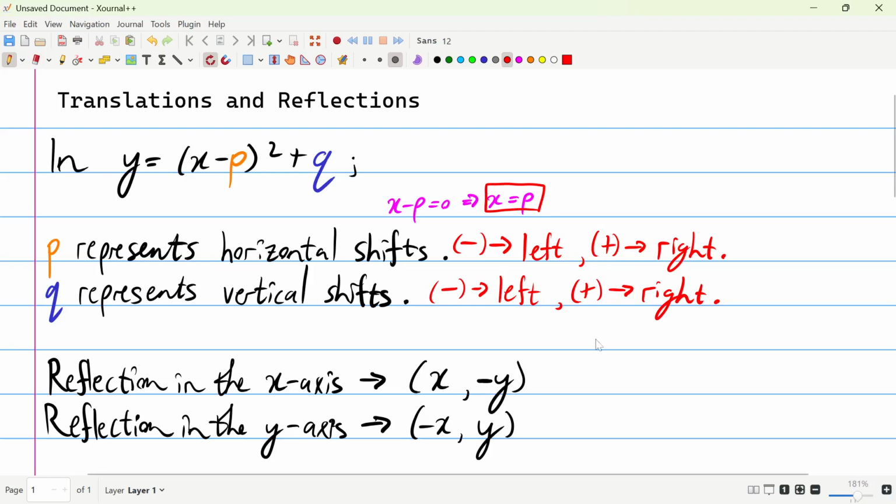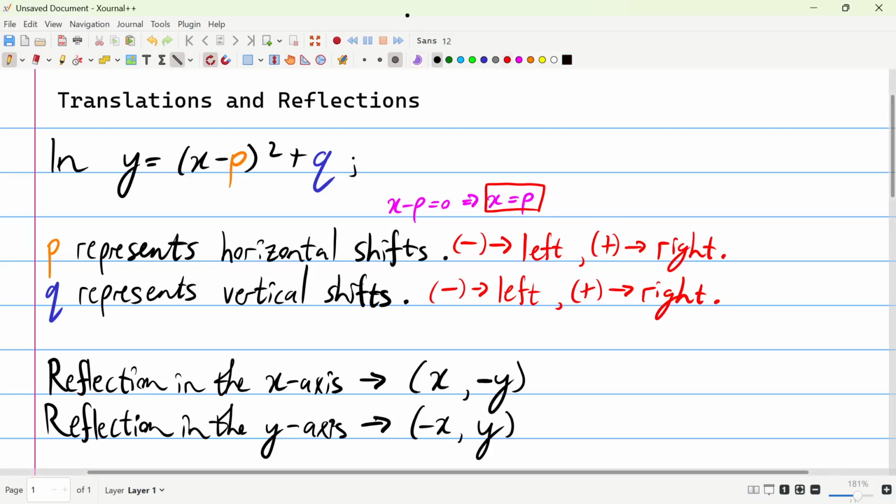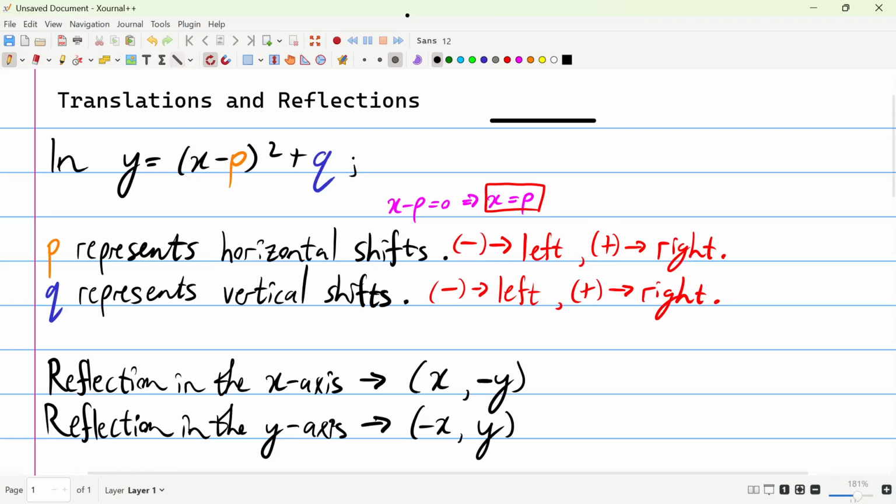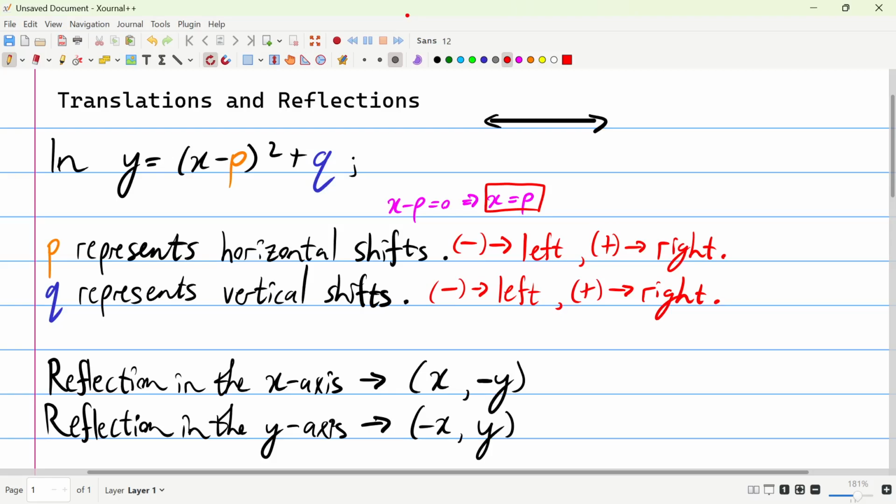Okay. And then if we look at the reflection, which we'll actually tackle later in this video, if there's a reflection in the x-axis, so think about it this way, the x-axis is horizontal, then the only thing that's going to change is our y values. Because think about it, right? If we have some x-axis, over here, and then we have some y value, let's say the y value is obviously going to be positive.